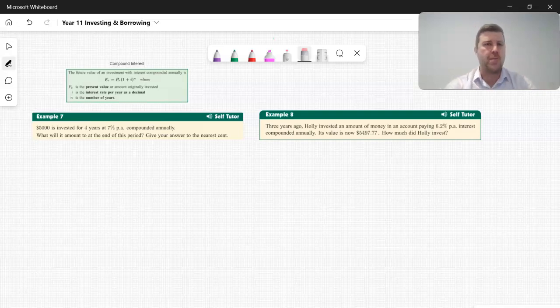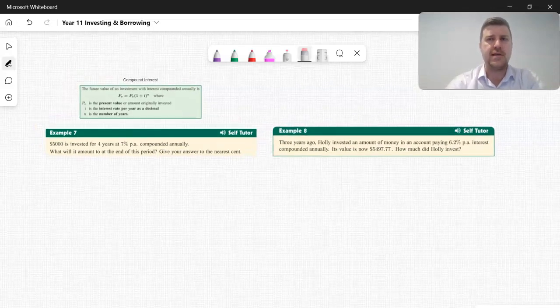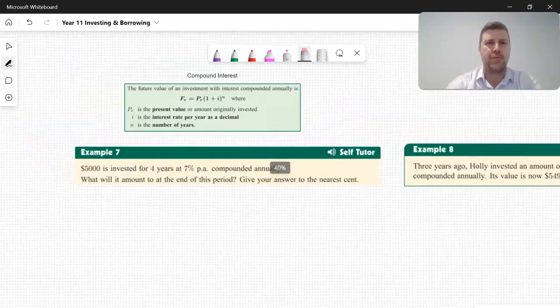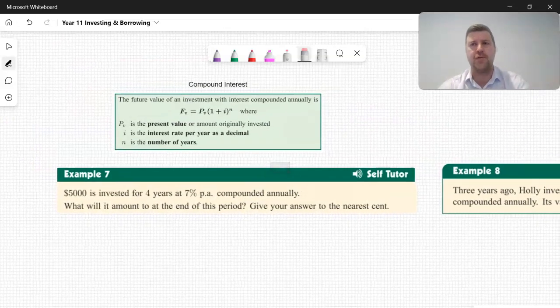Anyway, let's get into an example. I'll do two examples today. Again, this formula that I'm using today is just one variation of the formula.